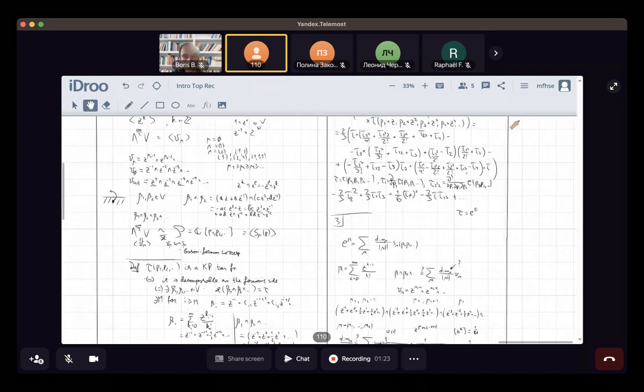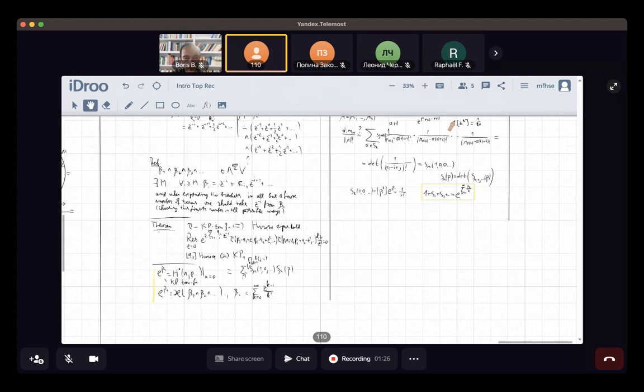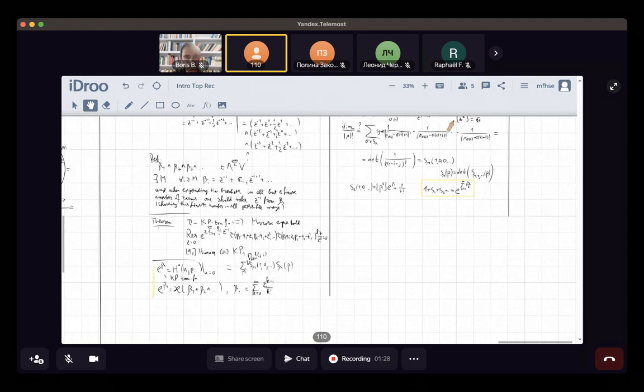Anyway, I guess we'll write it down in a moment. So yeah, and the claim was that x of p1 is a tau function of KP. That was the claim, and we basically proved it on the seminar.